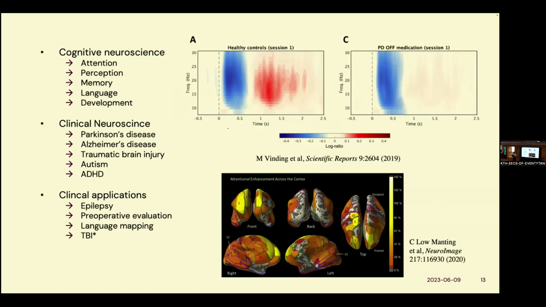We heard yesterday a bit about beta bursts, so this is also something we have been working on. What I'm specifically interested in is the main clinical application today, which is epilepsy. There the idea is, in drug-resistant cases, to try to identify where seizures originate. I'm going to talk a little more about how that looks towards the end.